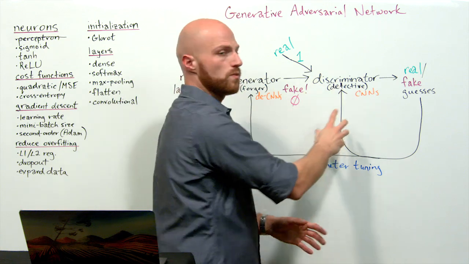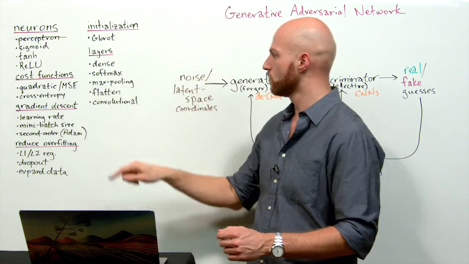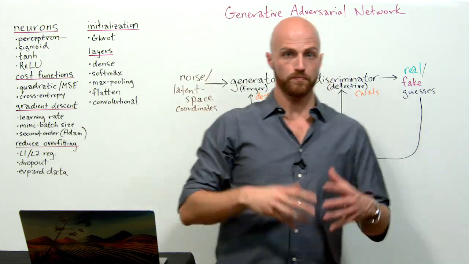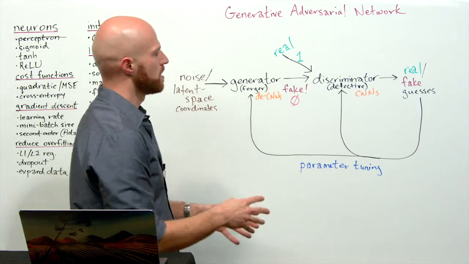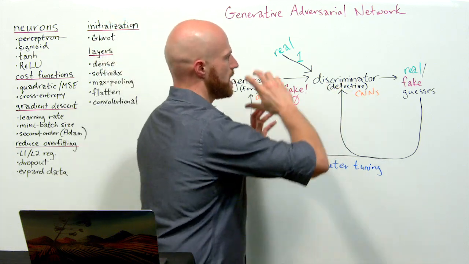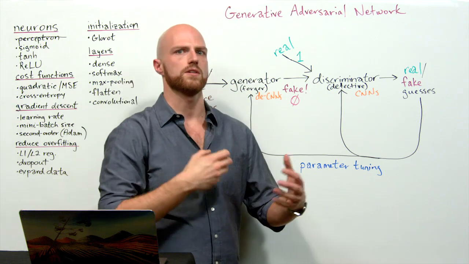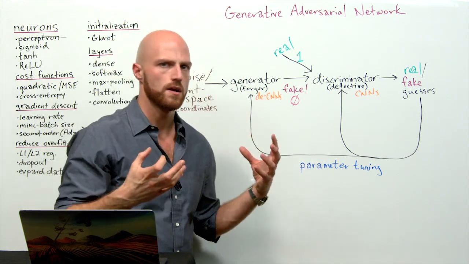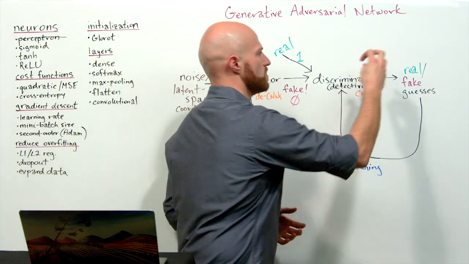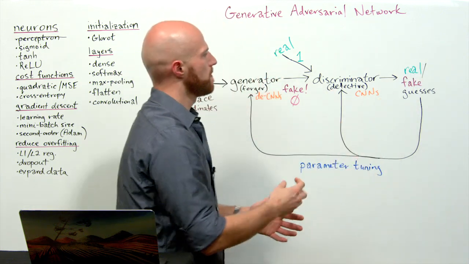And this discriminator, which consists primarily of convolutional neural networks, as is common in machine vision, is scanning the image for features that indicate that this is real versus this is fake.